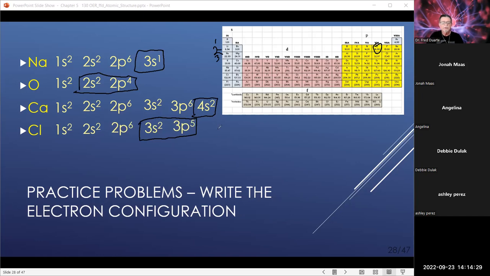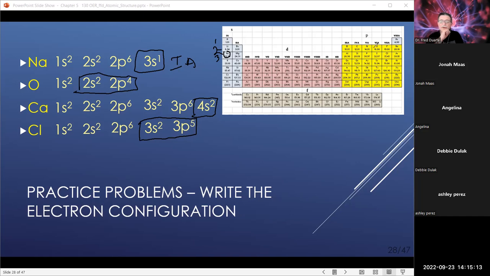Now, if you look at the group that each individual belongs to, sodium is in group 2A. If you look, you find sodium, oh, excuse me, what am I saying? It's 1A. The 1A right here tells me I have 1 valence electron, which is the 3s1.